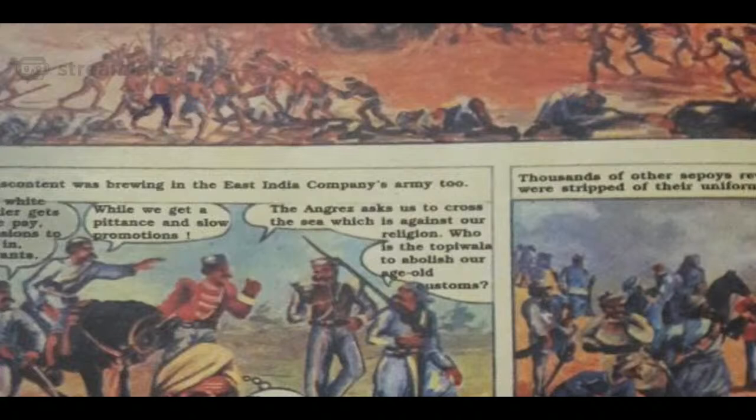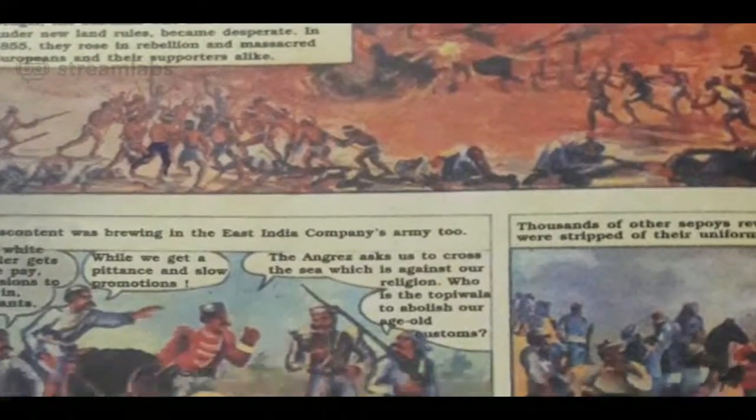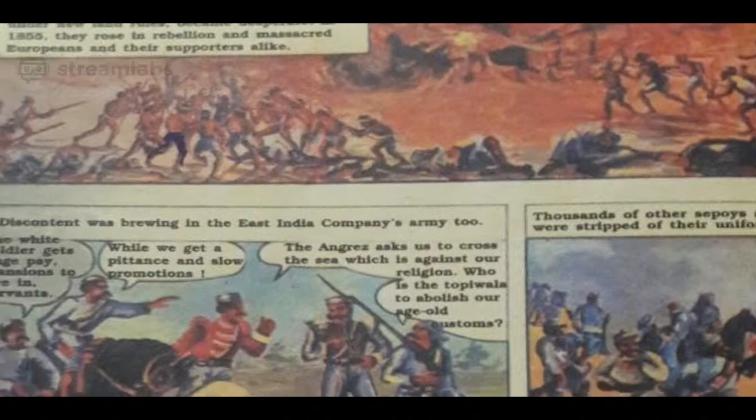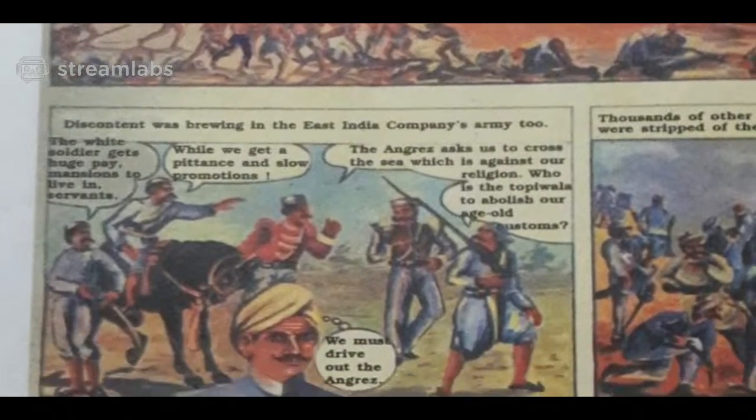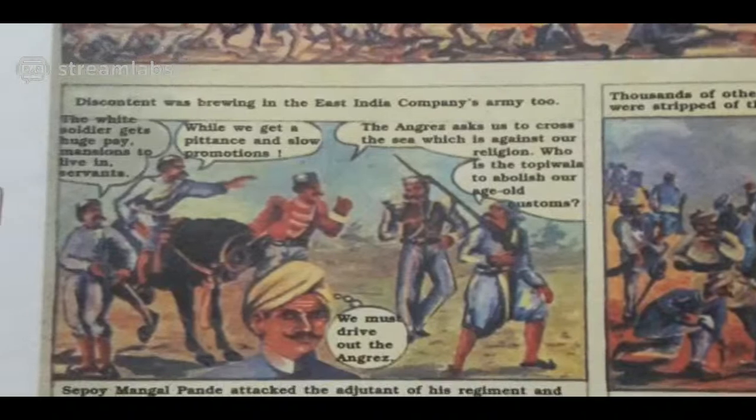Who had lost their lands under new land rules, became desperate. In 1855, they rose in rebellion. Rebellion means revolt, and massacred, killing Europeans and their supporters alike. Okay, so in Bengal it first began. So they must have been suppressed by the British Army.